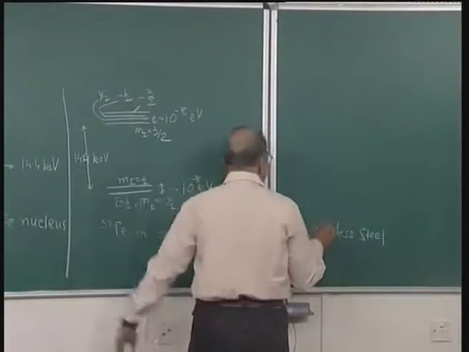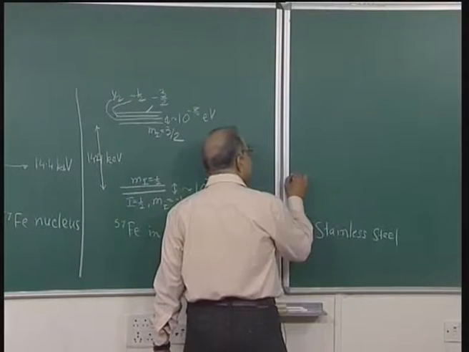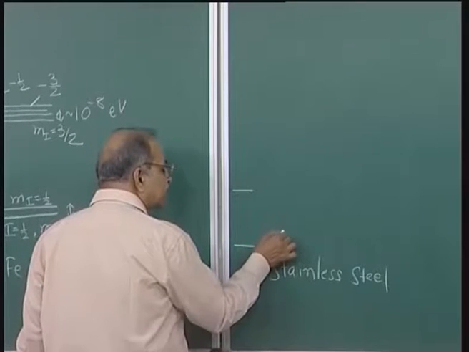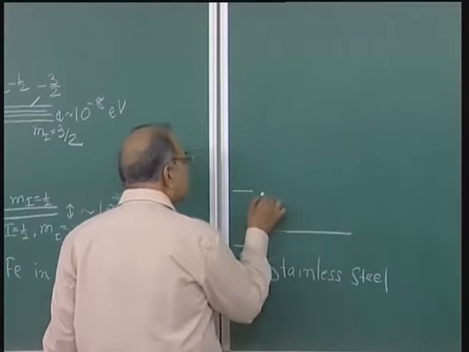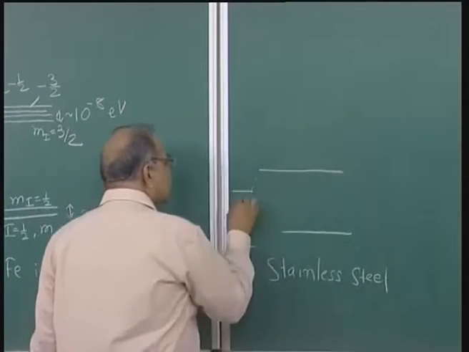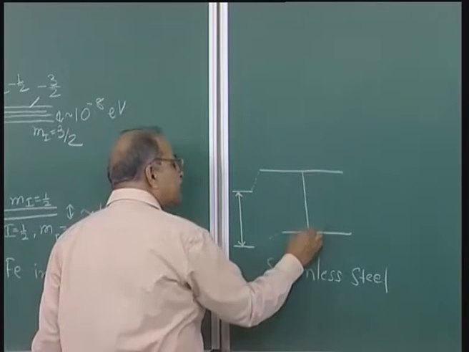If the isolated energy levels are here, then in stainless steel it will just shift, no splitting, but there will be a change. So this energy difference here and this energy difference here will be different.